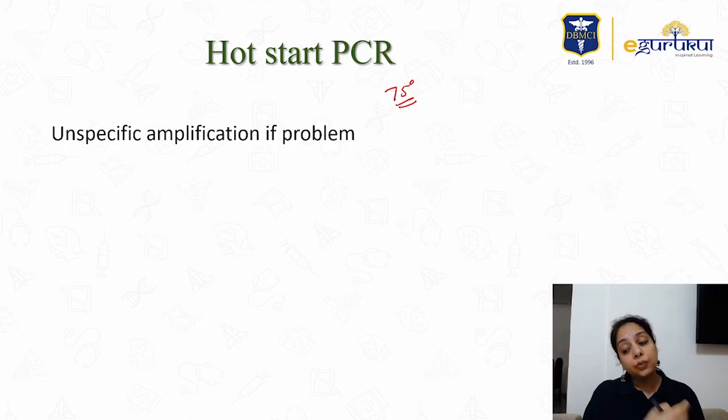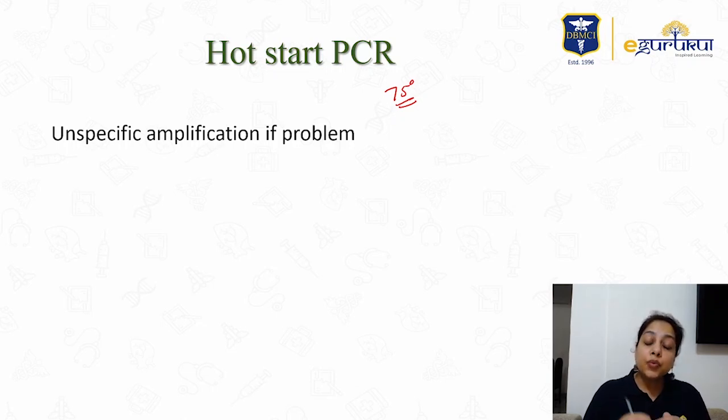So first of all it binds at an unspecified region of the template or sample DNA, and then, before we want the reaction to proceed further, it starts the replication process. That creates a problem because you already have products coming.